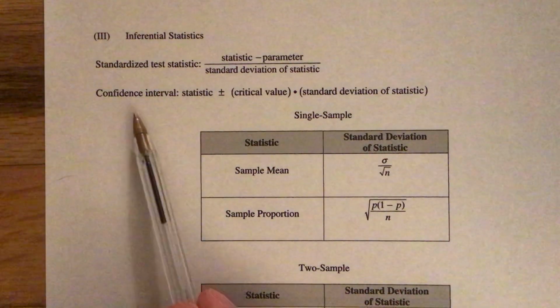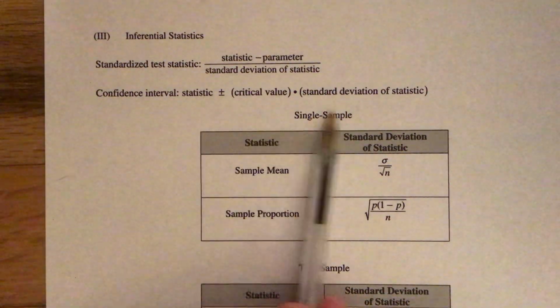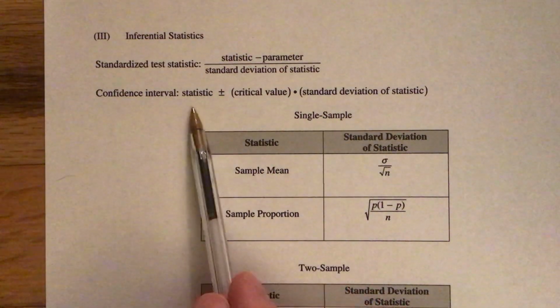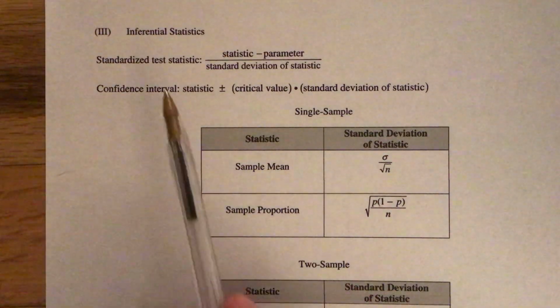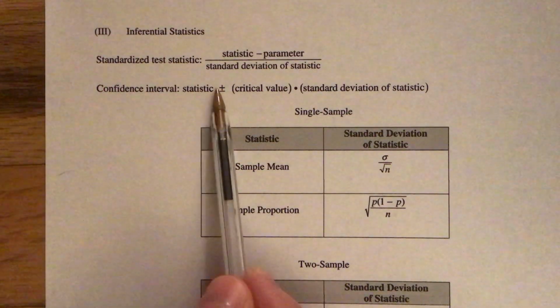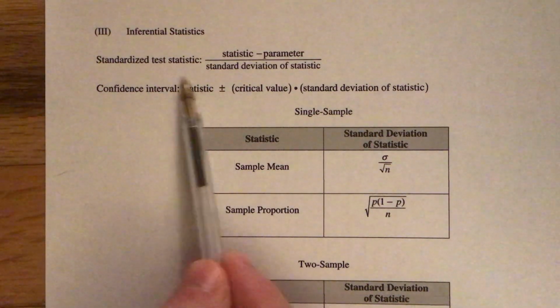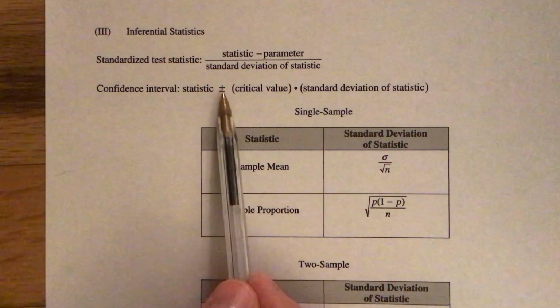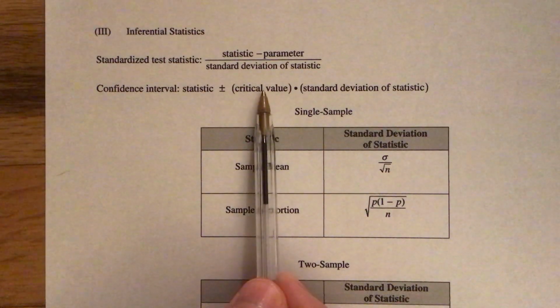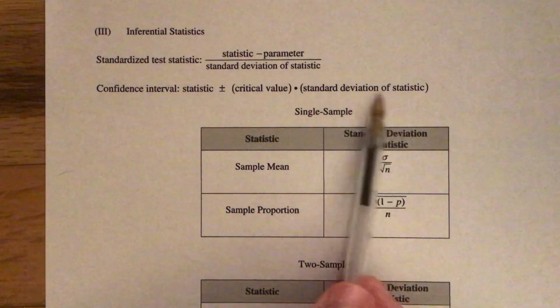They do give you the general structure of a confidence interval. This is important, but it's also on that inference sheet I gave you, which is better than this. But just to go over it, a confidence interval is your statistic, which is your sample value, plus or minus the critical value, which is either z star or t star, times the standard error.